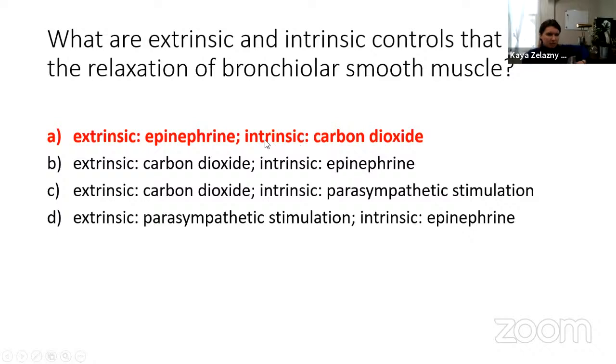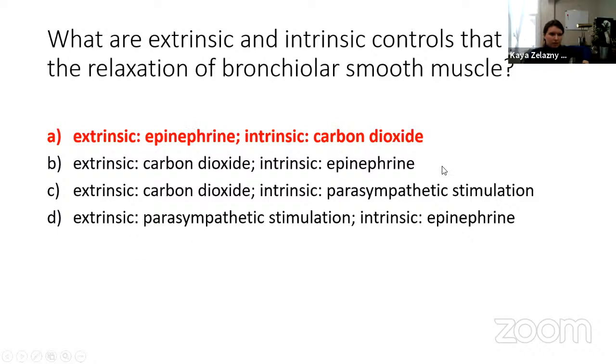Intrinsic here is carbon dioxide. It's like when we were talking about active and reactive hyperemia, how blood vessels respond to the metabolic activity of tissues and the buildup of oxygen or carbon dioxide. That was an intrinsic factor affecting smooth muscle in our vasculature. It's still an intrinsic factor when we have carbon dioxide affecting smooth muscle in our lungs.